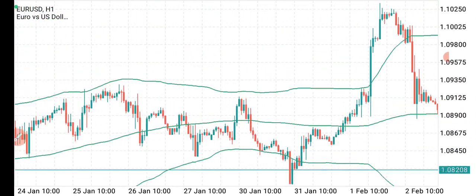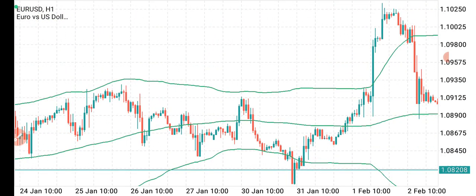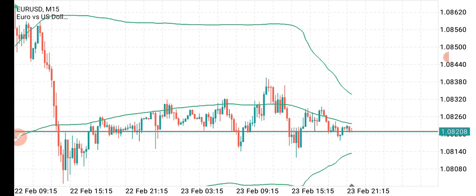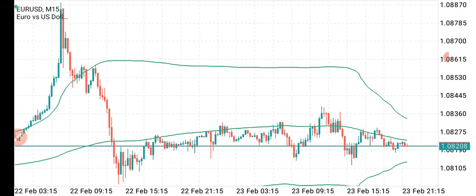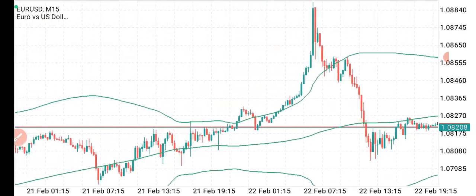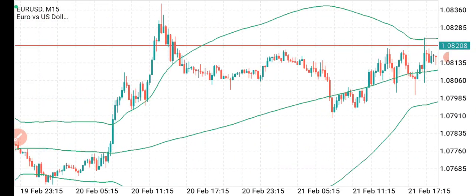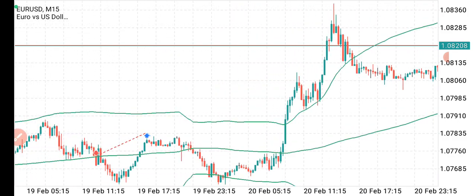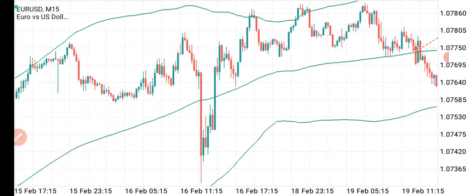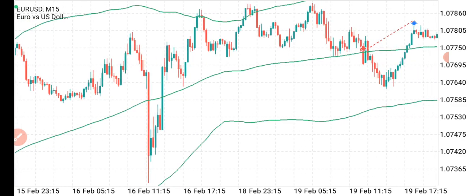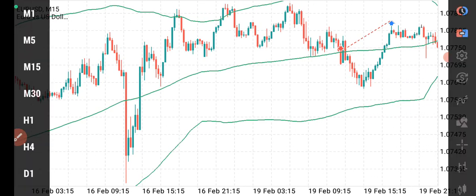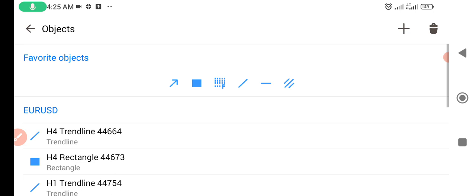So this method is simple. You can go to your 15-minute time frame and find this. Okay, we are coming from the upper band.